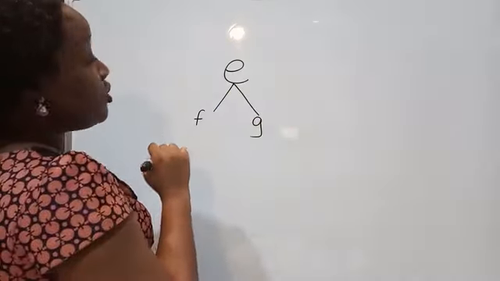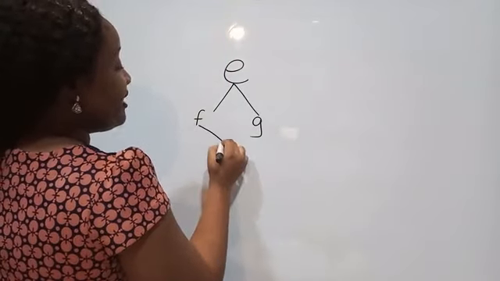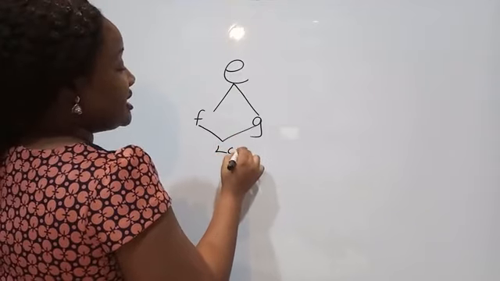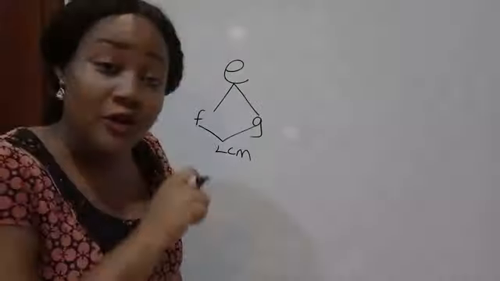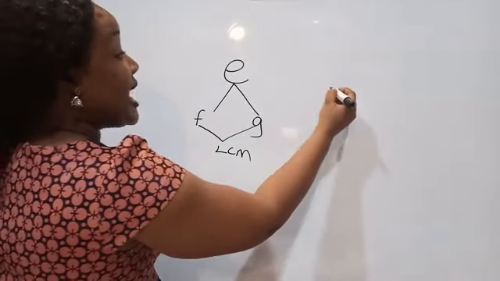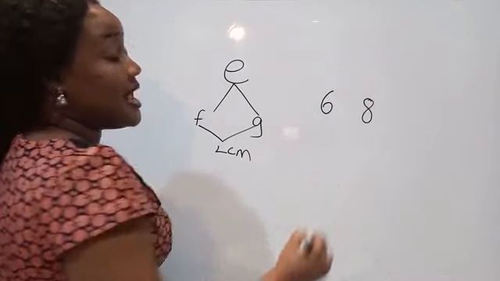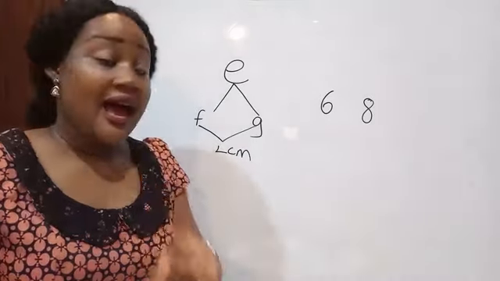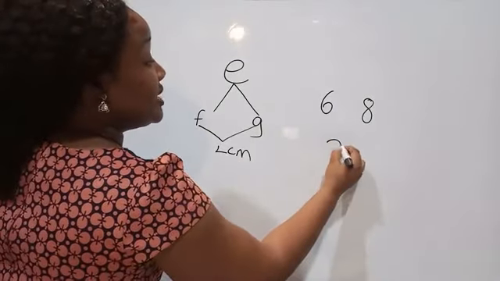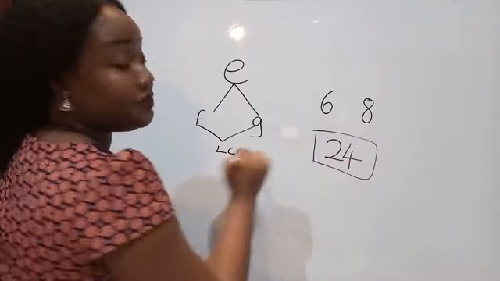Okay, so what we're trying to say is that the LCM of F and G is also a factor of E. So let's take, for example, any number that has 6 and 8 as factors has 24 as a factor.